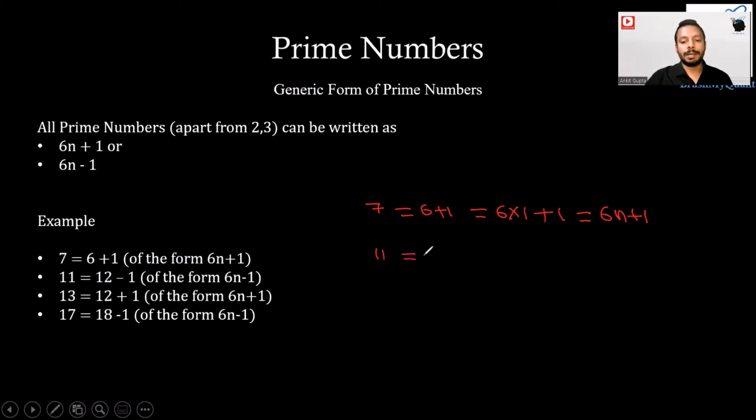Similarly, 11 can be written as 12 minus 1, which is 6 into 2 minus 1, which is nothing but 6n minus 1. Similarly, 13 can be written as 12 plus 1, which is 6n plus 1, and 17 can be written as 18 minus 1, which is of the form 6n minus 1.